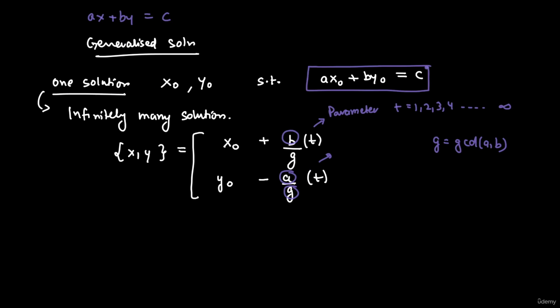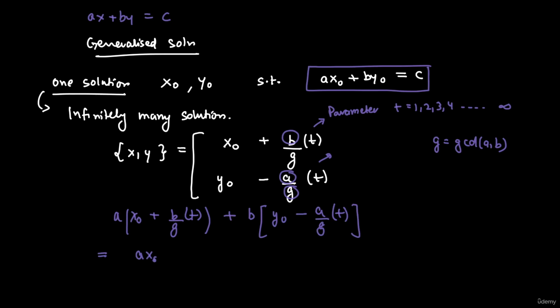We already know that this equation is true. So what we want to prove is that this solution is also possible for the given equation. So we are going to replace the value of x with x naught plus b by g into t, and we are going to replace the value of y with y naught minus a by g into t. And let's see what this becomes.